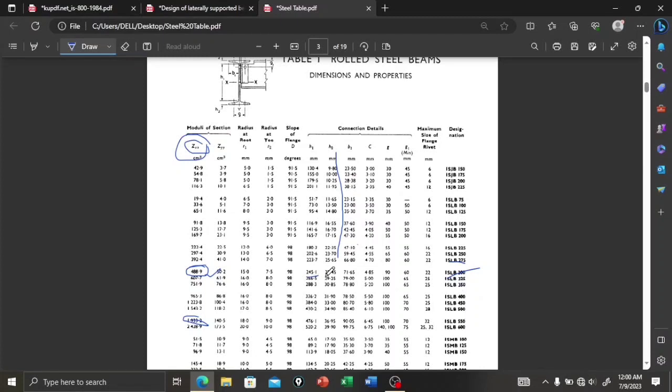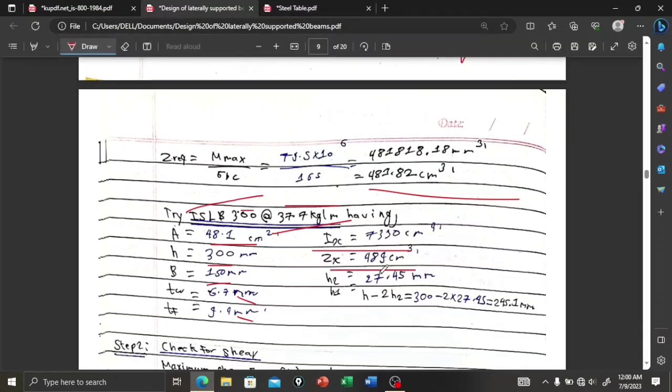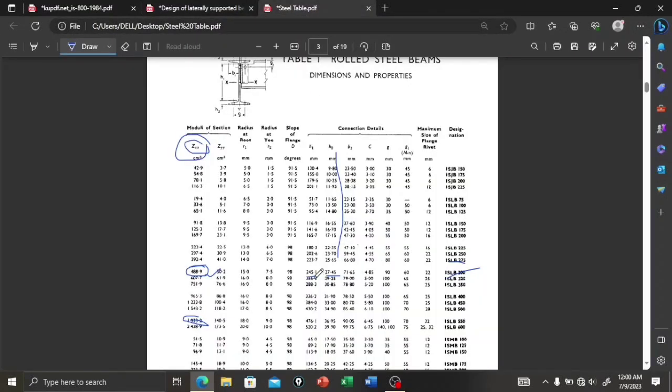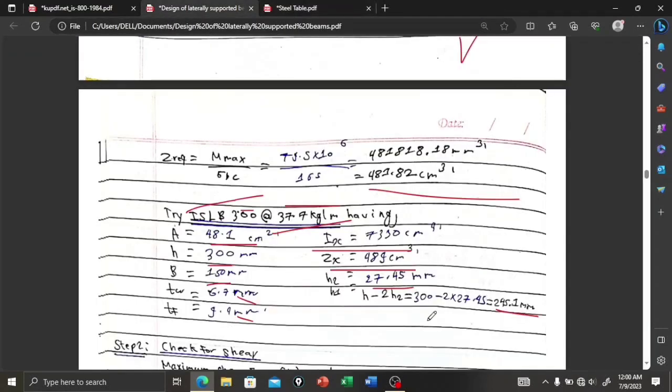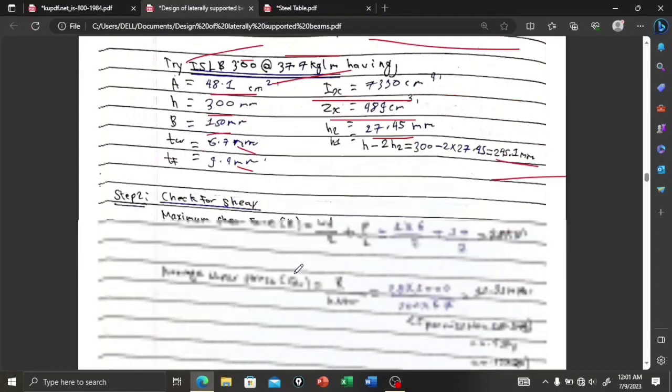YXX1 and YXX2 are 245.1 and 27.45. YXX1 can also be calculated as 300 minus 2 into YXX2, that is 300 minus 2 into 27.45, that is 245.1.